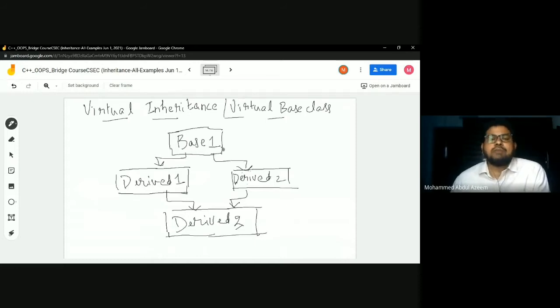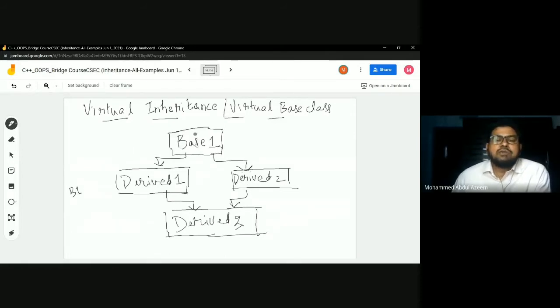In this particular example, what happens here when Base 1 class is inherited at Derive 1? All base class properties are inherited here in Derive 1. So B1, let us say, stands for Base 1. I'm giving the abbreviation for the sake of convenience.